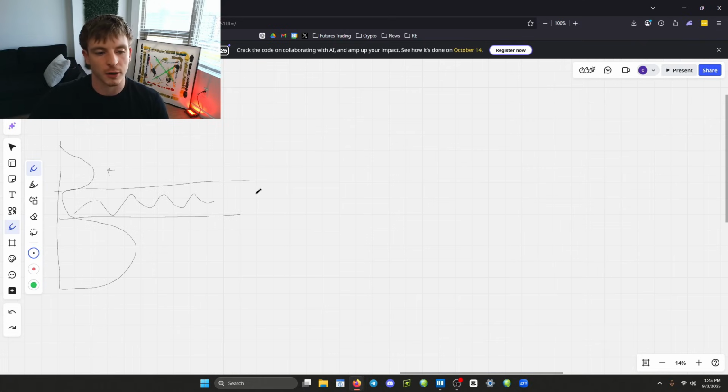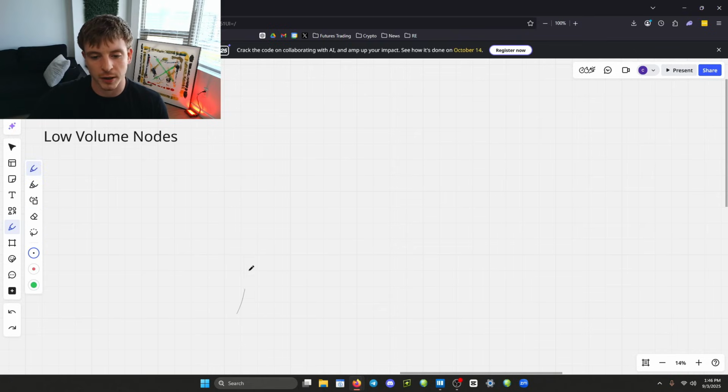Sometimes I'm going to use them as a point of interest if it's a daily profile. Most of the time, the trades that I take that I call low volume node continuation setups are going to form intraday. So let's say we have a trading session, and I'm going to erase all of this. We open up and we consolidate after the open.